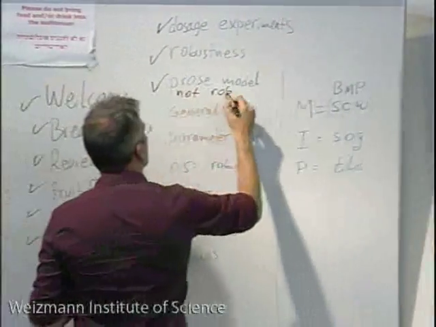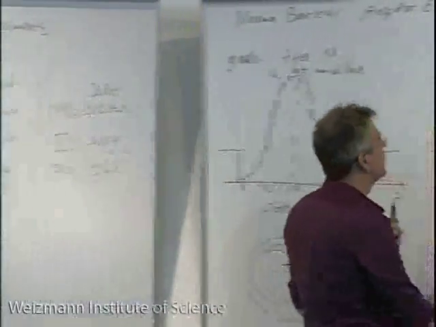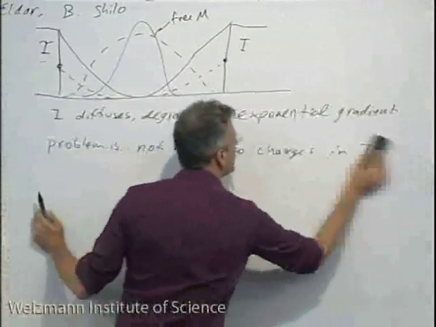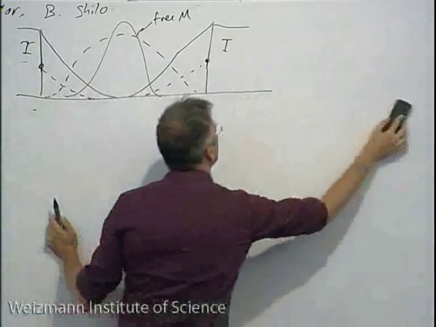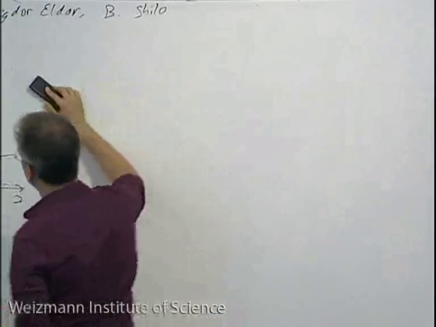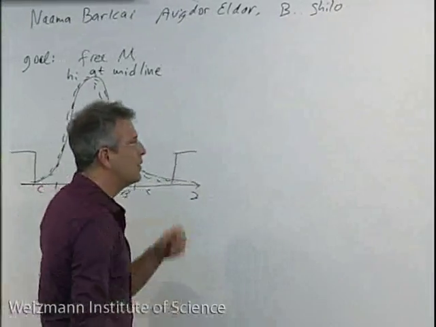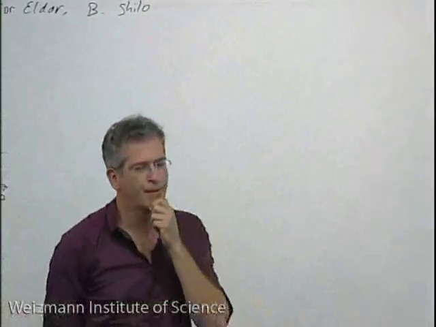So what Naaman and Victor did was to write down a diffusion model for all the proteins in the circuit.